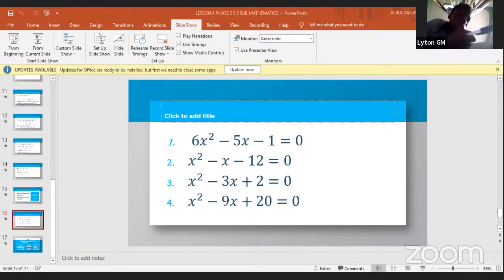So as you said, we divide them into 2. And we get the common factor. The common one is 6x. So we shall say, open bracket, x minus 1.